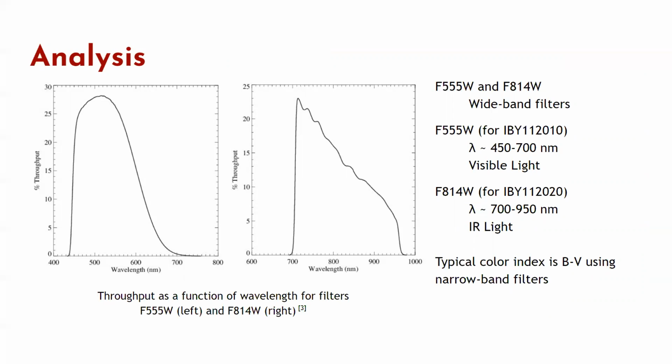It is important to note that the filters used here are wideband filters that encompass large ranges of wavelengths, as opposed to data sets that are directly compared to each other, which typically employ narrowband filters to determine a color index, such as a B-V color index used to determine temperature of a star. However, since the F555W visible filter and F814W infrared filter have similar throughputs, we can obtain at least a rough comparison of infrared versus visible emission in the galaxy.